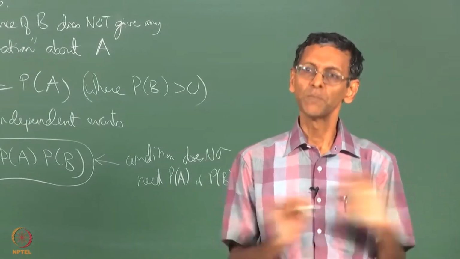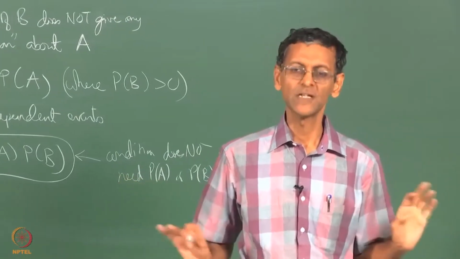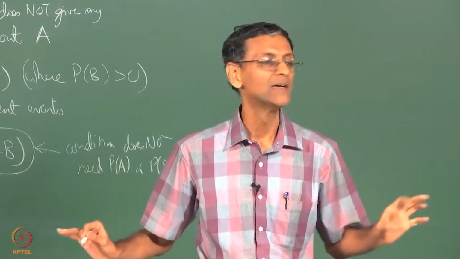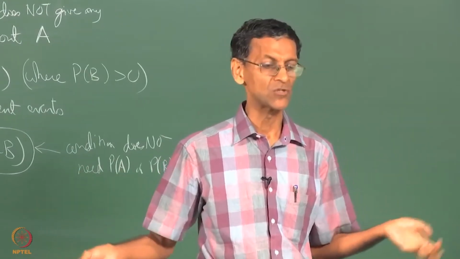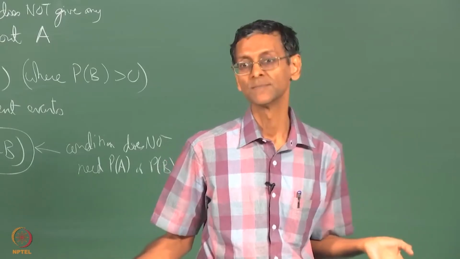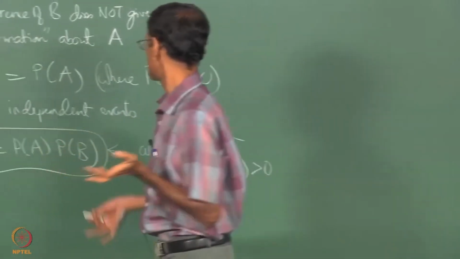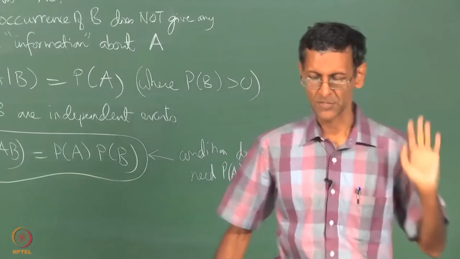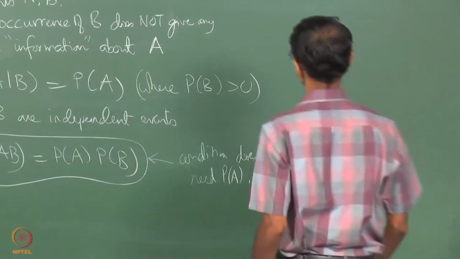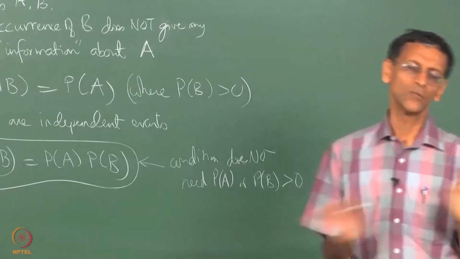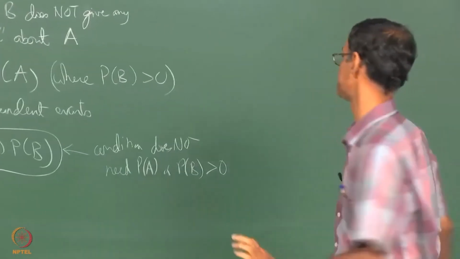The two are completely different in general, those two concepts do not overlap at all. If A and B are mutually exclusive, in general they cannot be independent, unless you take some exceptions, but let us not even look at those. So remember that independence and mutually exclusive are totally different concepts.